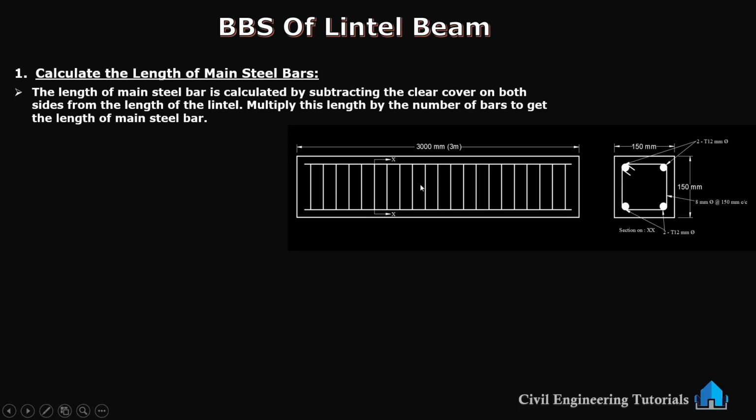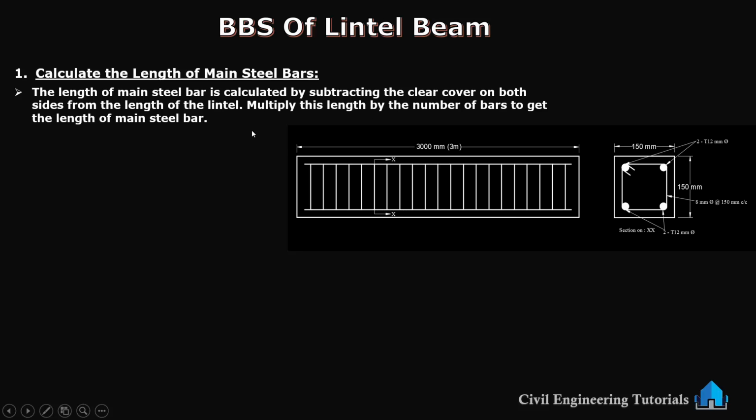This is the lintel. So, length of main steel bar is calculated by subtracting the clear cover on both sides from the length of the lintel, multiplying this length by the number of bars to get the length of main steel bar. This is the definition of how to calculate length of main steel bar.